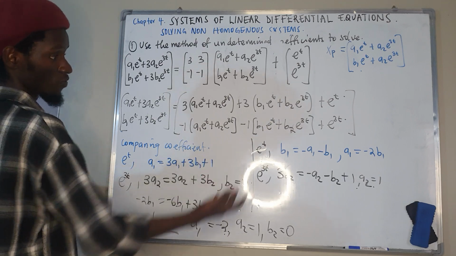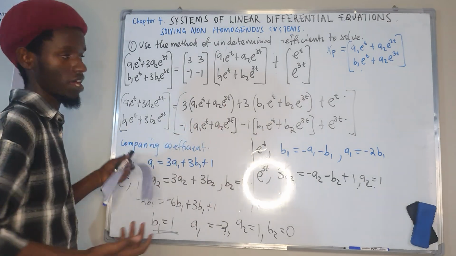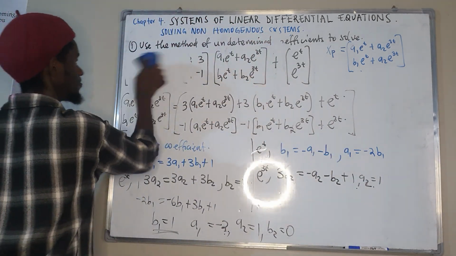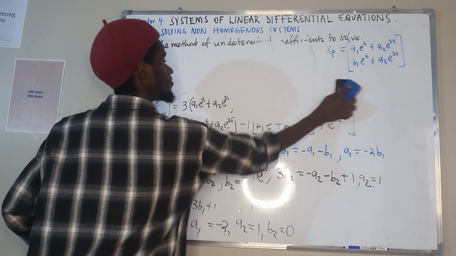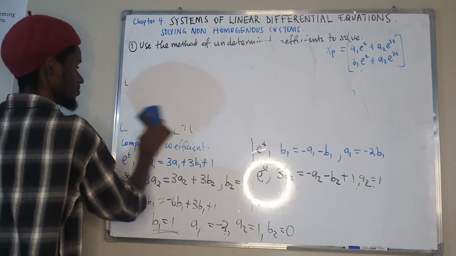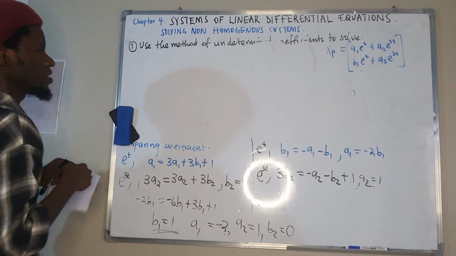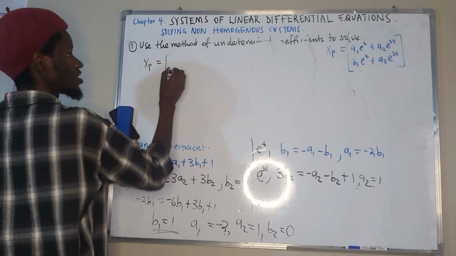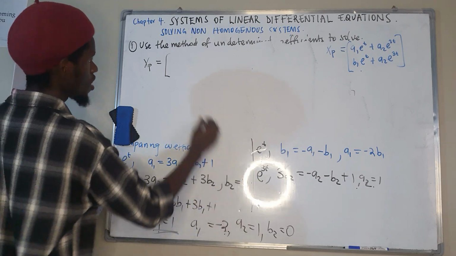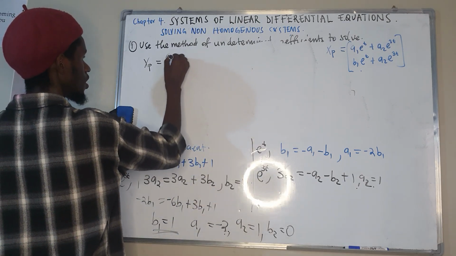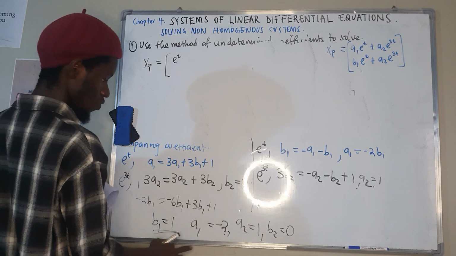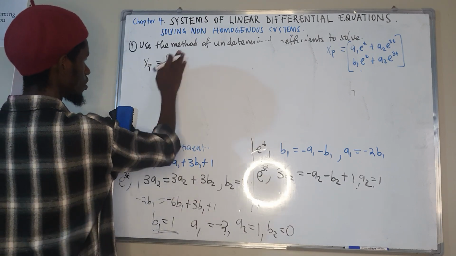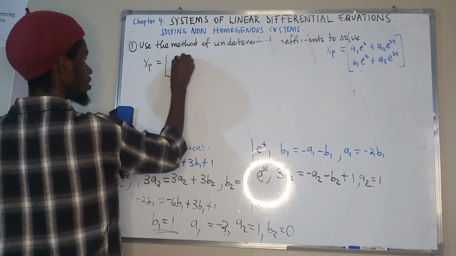Now, I think you've been following. Let me put off this, then I write my xp as it is. My xp is the same as having, now what is my A1? My A1 is negative 2, so I have negative 2 e power t.